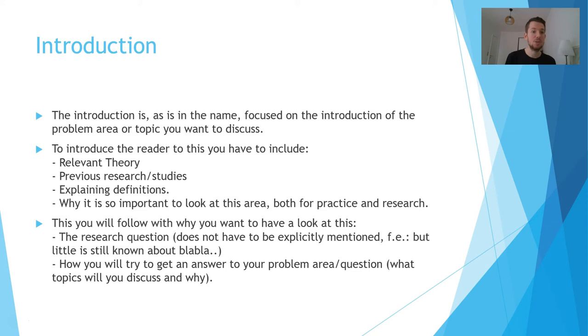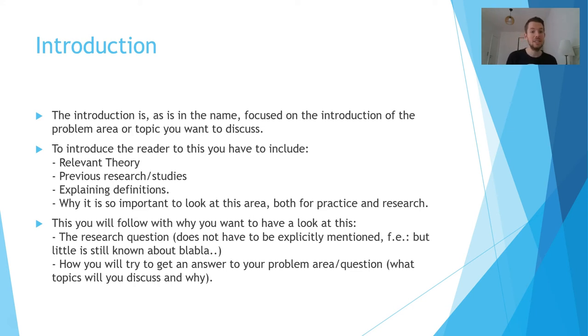So to introduce the reader to this, you have to include the relevant theory. Of course, you're going to introduce that here. You would go more in depth on that in the core, or have a separate part called theory, but it depends on the assignment that you're going to write. Then previous research studies: what is the reason why you started writing this paper, what has been done before and what has led you to writing this.